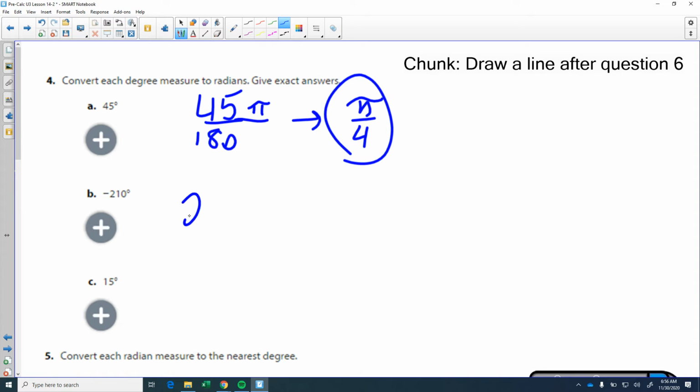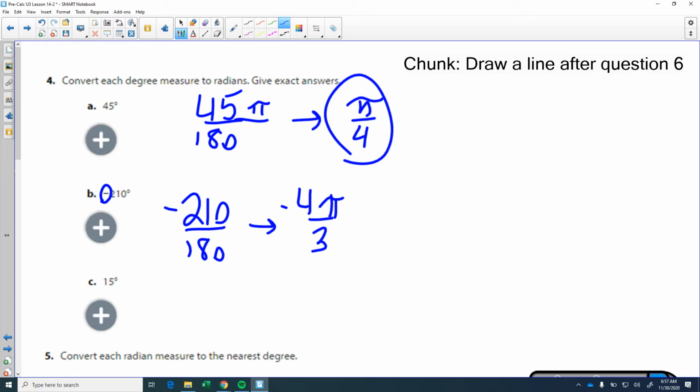Same thing over here. We have 210 over 180. In this case, we're going to have a mixed fraction. 210 over 180, we could simplify that down until we got 4 pi over 3. But since it was negative here, it's got to be negative here as well.